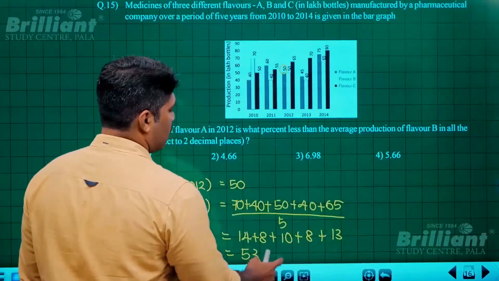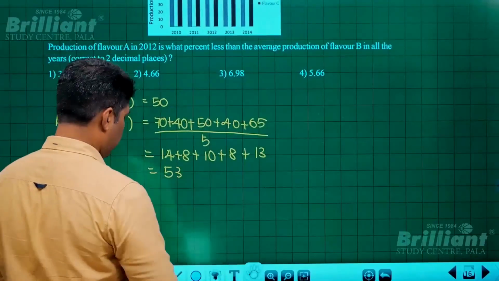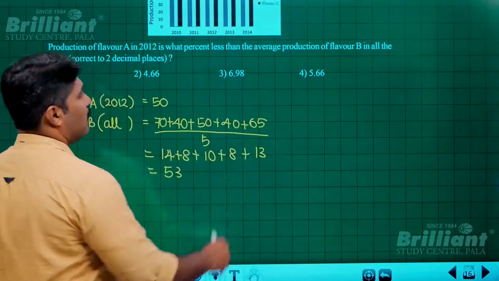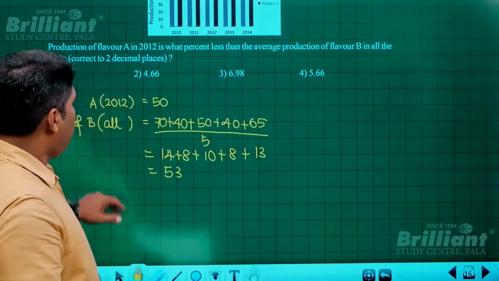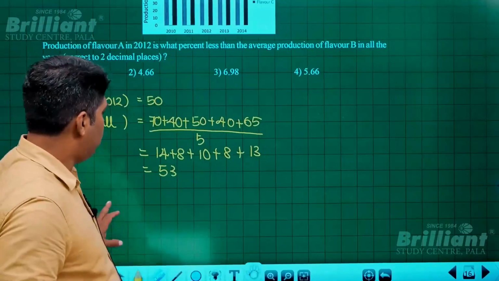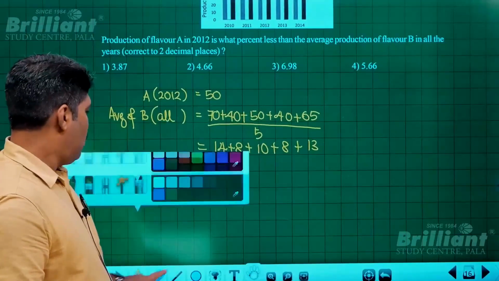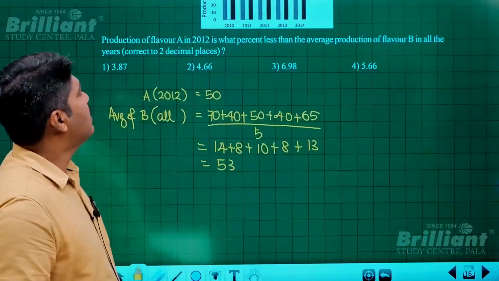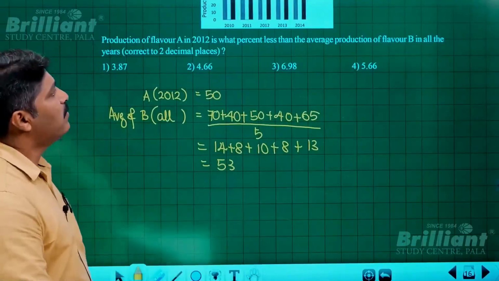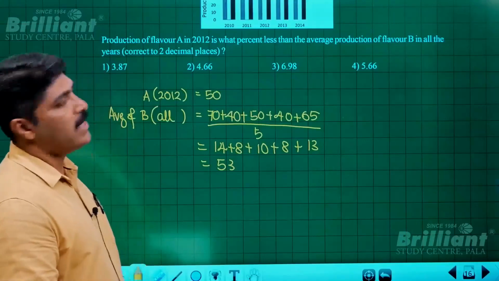Got it? So then what we have to find out? This value, that production is 50. So A's production is 50. So this is what percentage less than the average production of flavor B in all the years?